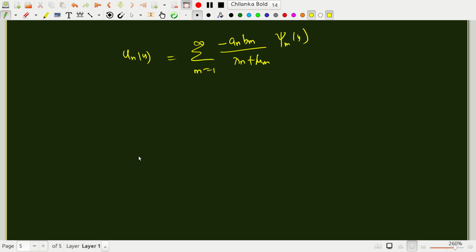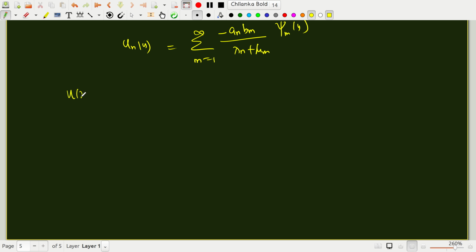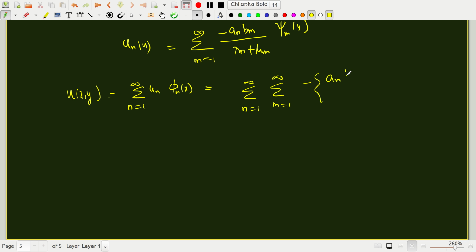Once you know un of y, we know u of xy is nothing but summation n is equal to 1 to infinity un phi n of x. That's nothing but summation n is equal to 1 to infinity, summation m is equal to 1 to infinity, minus an bm by lambda n plus mu m times psi m of y times phi n of x.